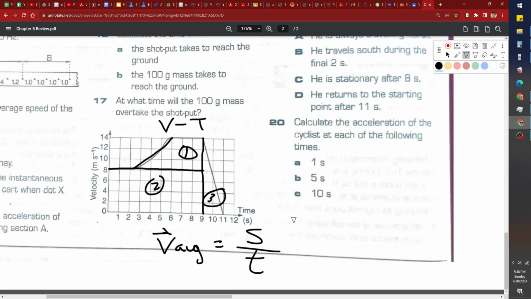Okay, so first one for the total displacement would be the rectangle, which is going to be a height of 8, or a velocity of 8, and a time of 9 seconds. So that's easy. 8 times 9. Okay, there's our first displacement.